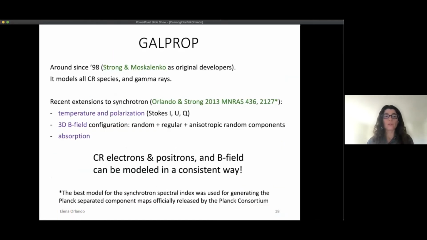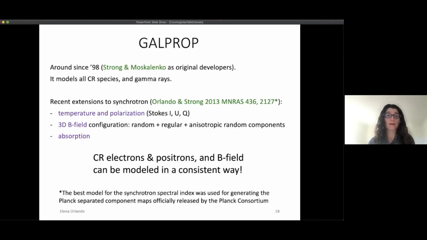The GALPROP code accounts for all of these processes. It has been around since '98, with Strong and Moskalenko as the original developers. It models all cosmic ray species and gamma rays, and it was extended to include also synchrotron emission. We included the possibility of calculating the temperature and the polarization of synchrotron emission, so having the Stokes parameters I, Q, U, and also having 3D magnetic field configurations.